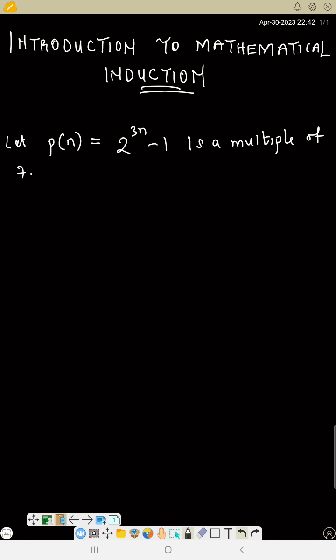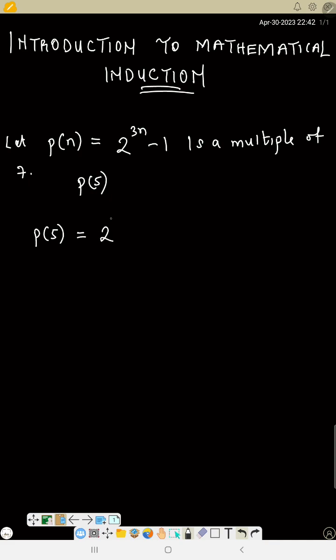Then show that P5 is true. So we have given a statement that this is a multiple of 7. Now show that P5 is true. So meaning anywhere you say n, you should put 5.